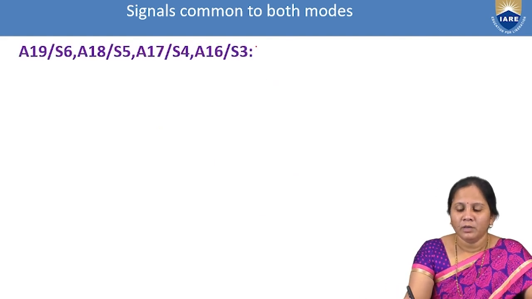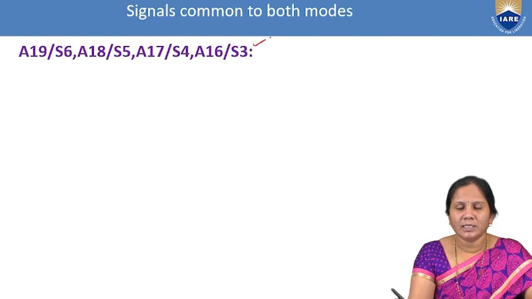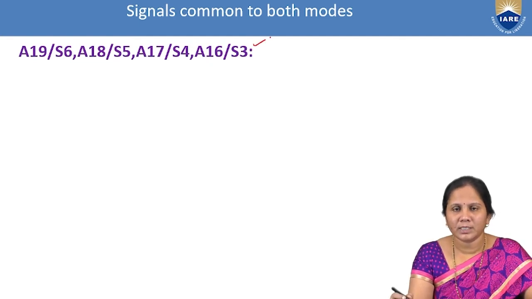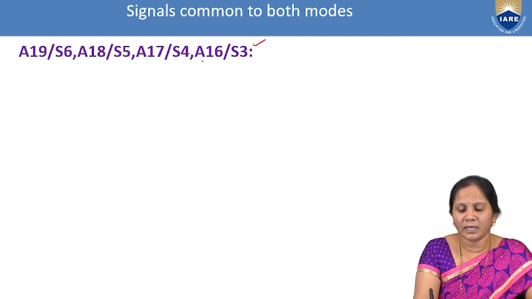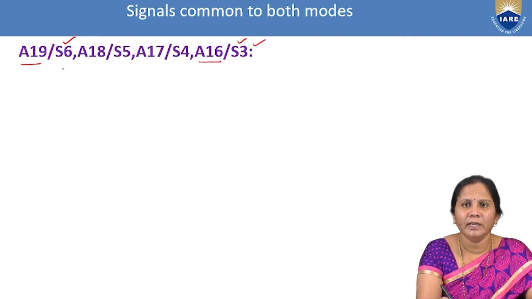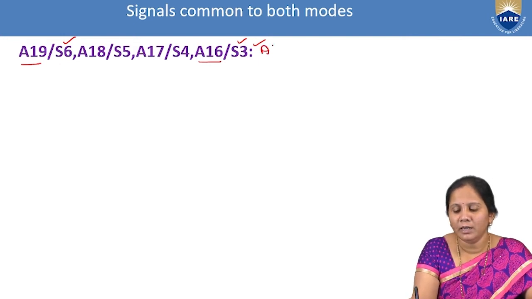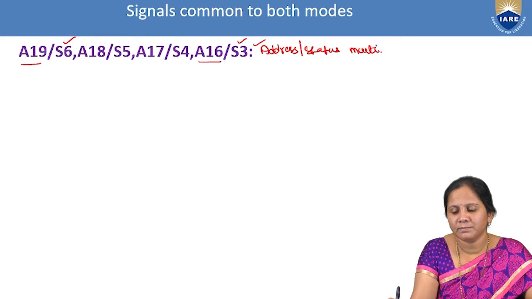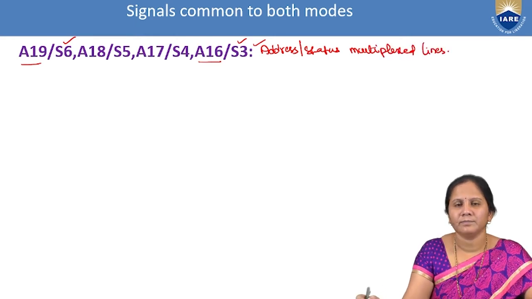Now coming to the next signals, there are 16 address data multiplexed lines, but the address lines are 20. The remaining address lines, from A16 to A19, are multiplexed with the status signals S3, S4, S5 and S6. So they are called address status multiplexed lines.